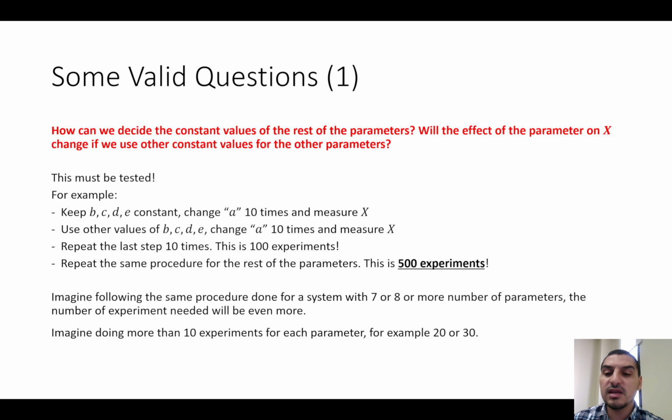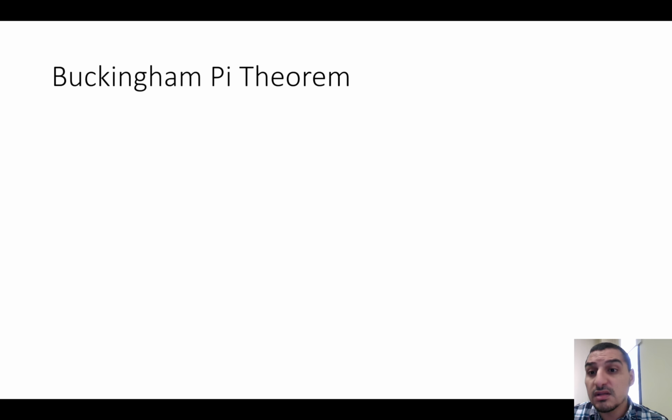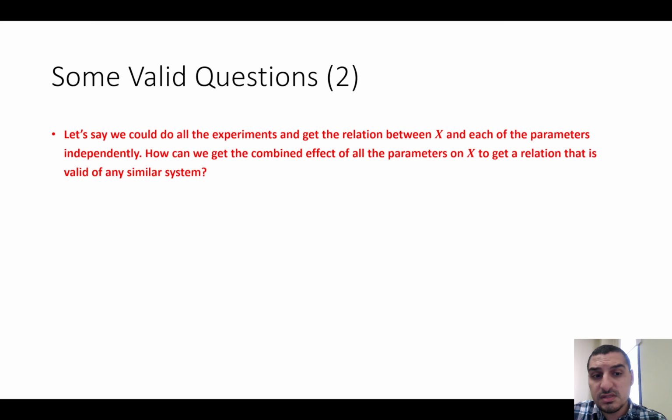We didn't have any idea about the details of this change, and the combined effect of this change. Shall the system behave in a different way if we increase all of them or decrease all of them, decrease some and increase some? It's something that needs to be studied. So this is a very valid question that will make the approach we assumed even more impractical.